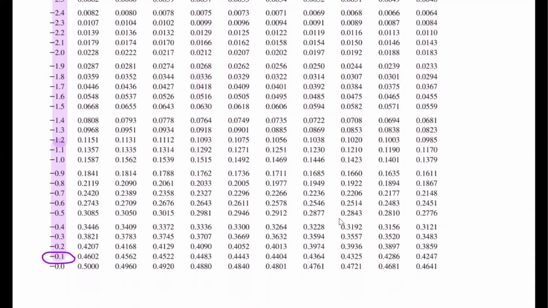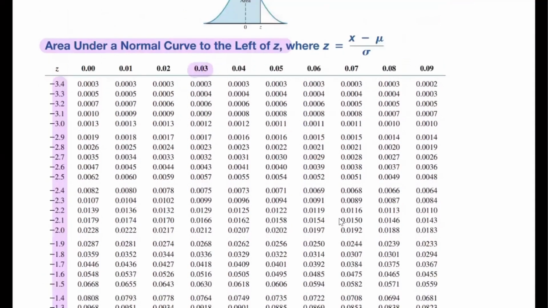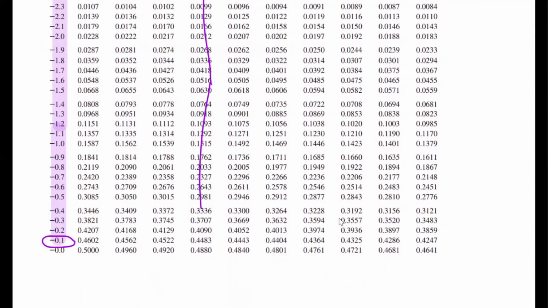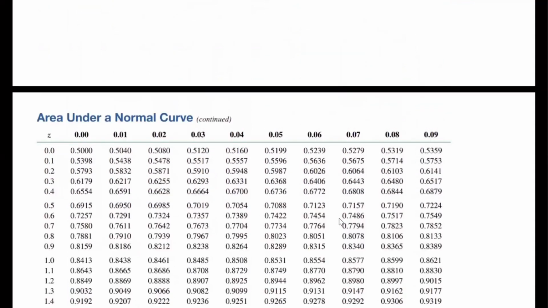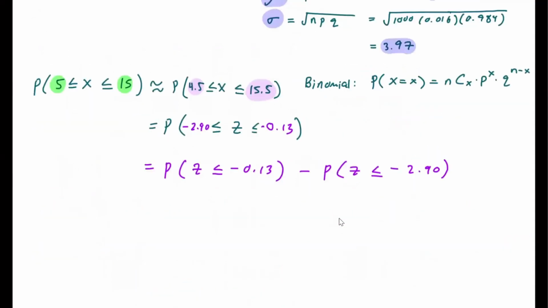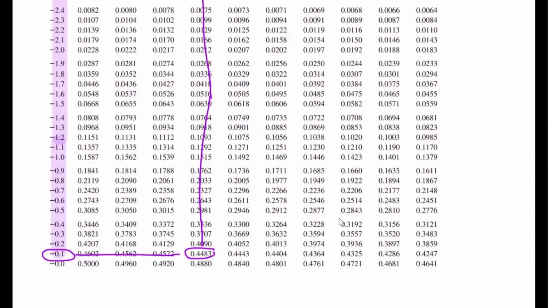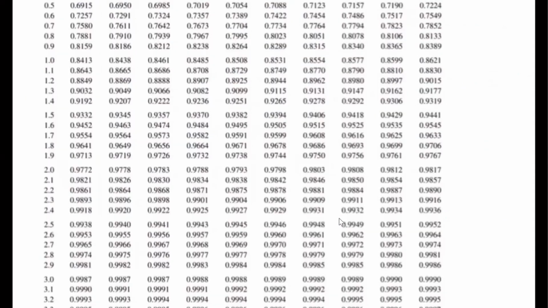So here you go. I'm looking at this area right here. So negative 0.13, that's the area. So that's the probability of z less than negative 0.13. We said that the area is 0.4483. So let's go ahead and write that down.